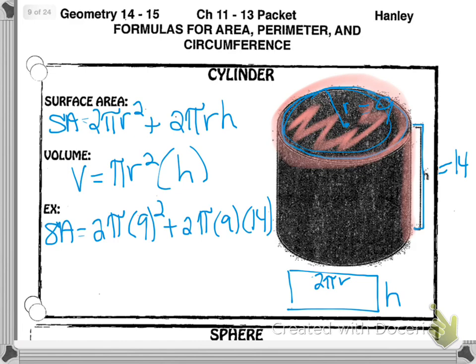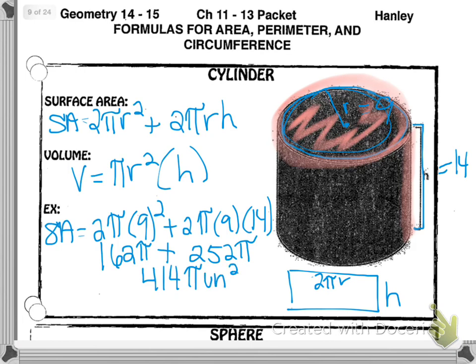And you're just in charge of multiplying all of that out. 9 squared is 81, and 81 times 2 is 162 pi, plus 2 times 9 times 14 gives me 252 pi. Combine those together and we should get 414 pi. And again, surface area, so units squared.